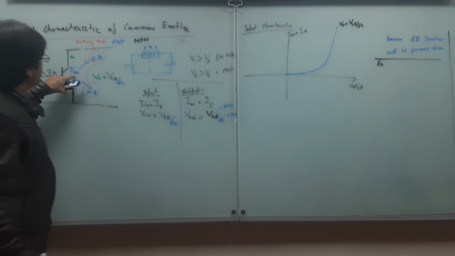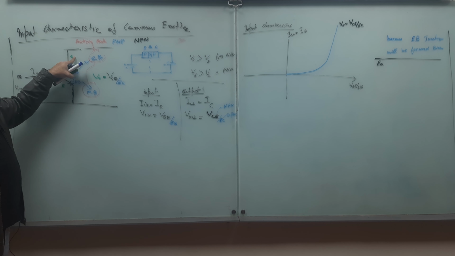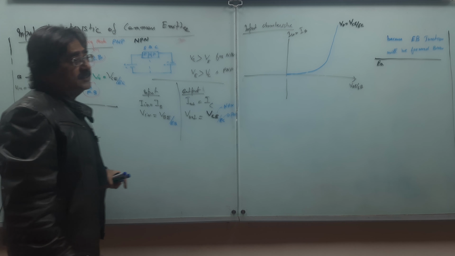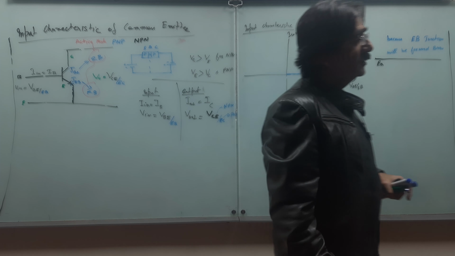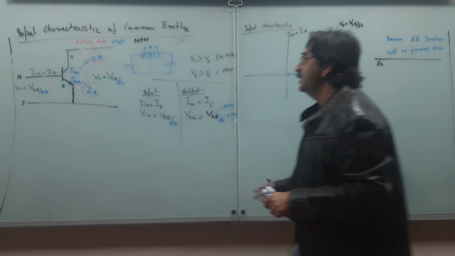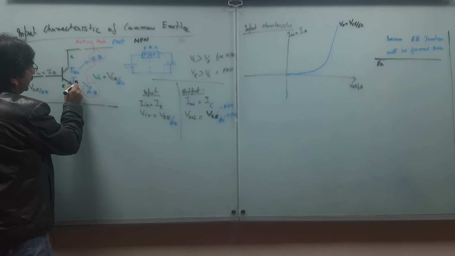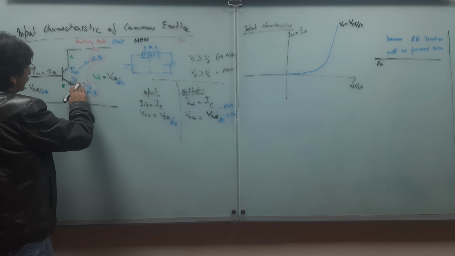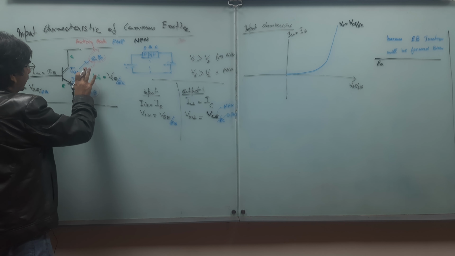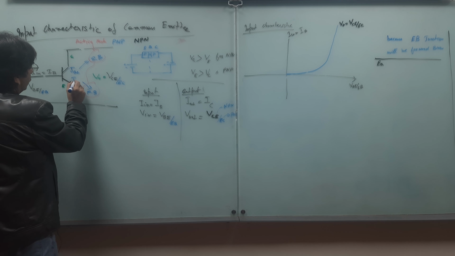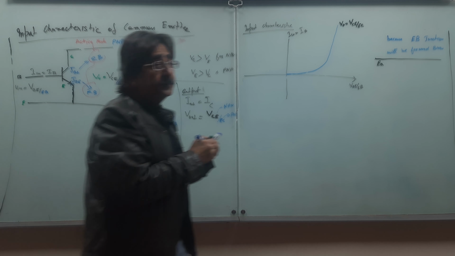This junction is the base collector junction, and this one is the EB junction, the emitter base junction. You may say that this is the base collector. If you are confused, this is the BE junction.